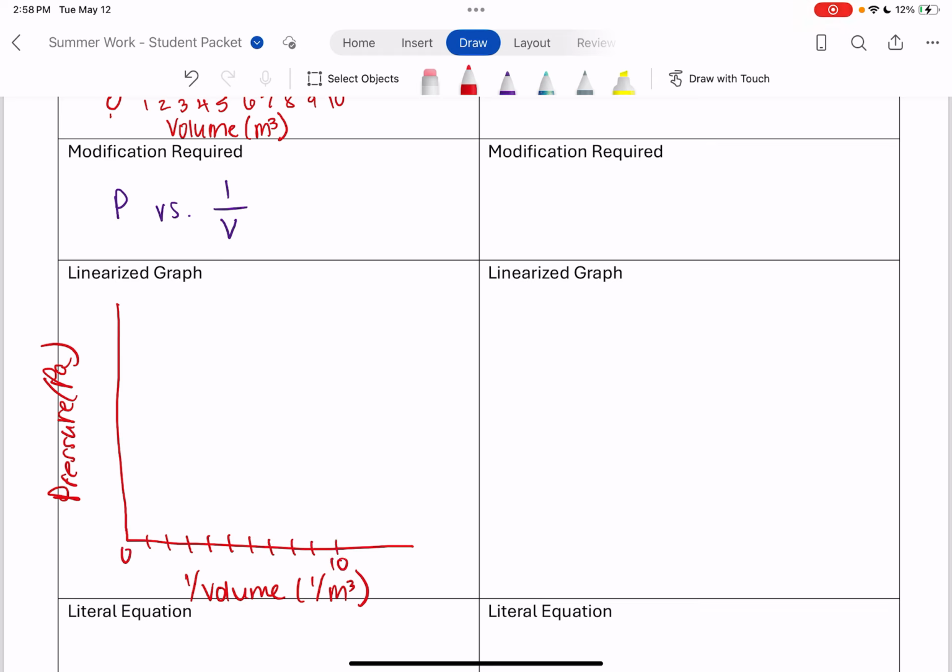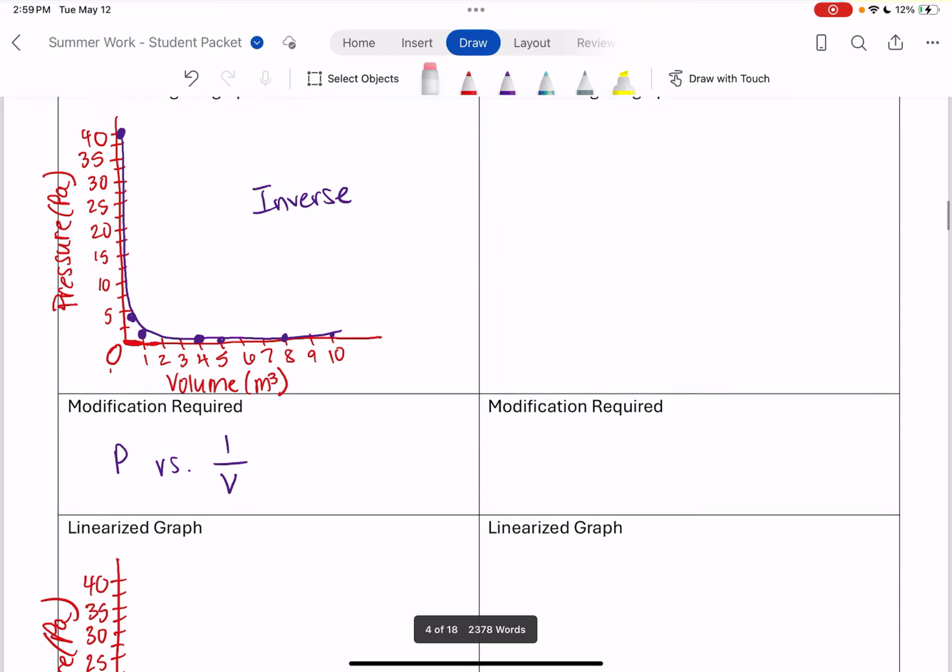Okay, and our biggest pressure was still 40, so I'm making every 2 blocks be 5. 5, 10, 15, 25, 30, 35, and 40. Okay, it's not perfect, but it'll get the point across.